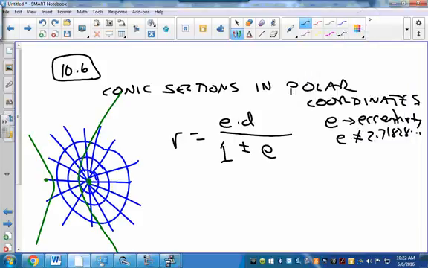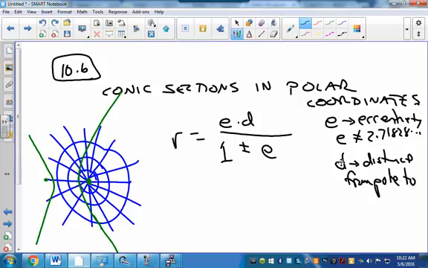So in this formulation, e is eccentricity. And the d number here is the distance from the pole to the directrix. From the pole to the directrix. And following the e here, you can have either the sine or the cosine of theta.